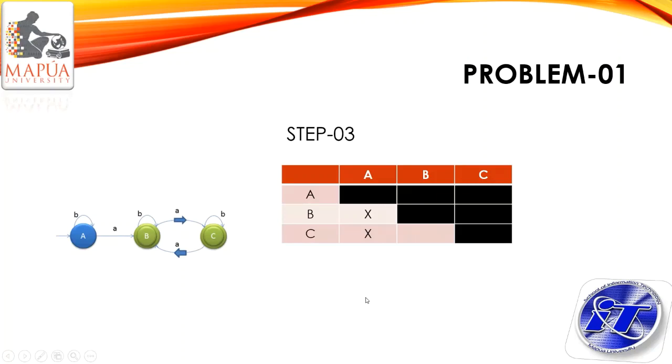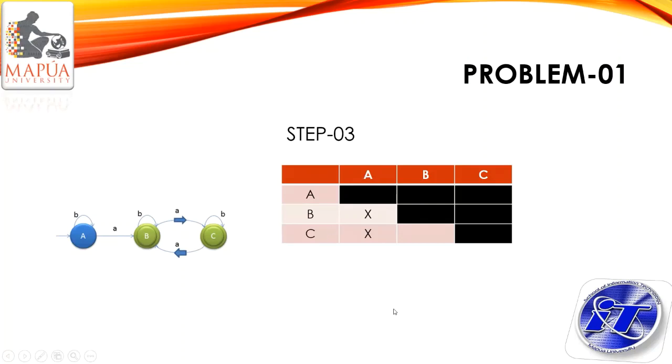So now let's proceed with step 4. In step 4, we're going to group the states. BC for this cell, and since for A all cells related to it are marked, it will be an independent group.